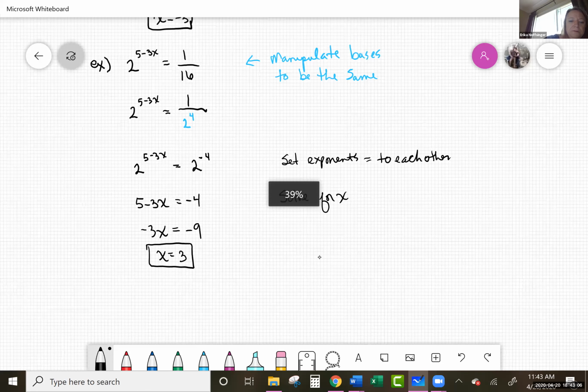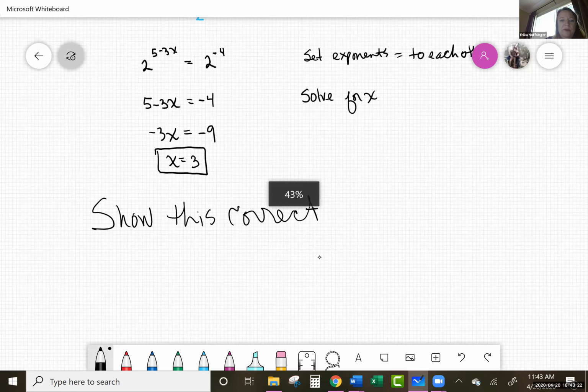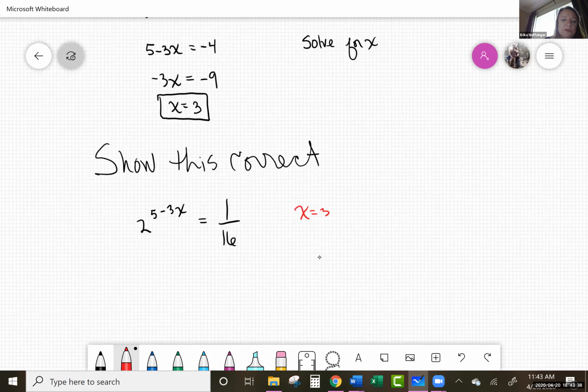So let's show this is correct. Let's check our work. Originally we had 2 raised to the 5 minus 3x is equal to 1 over 16. And we just found x equals 3. So wherever we see an x, we're going to replace it with 3 and show that this is true.